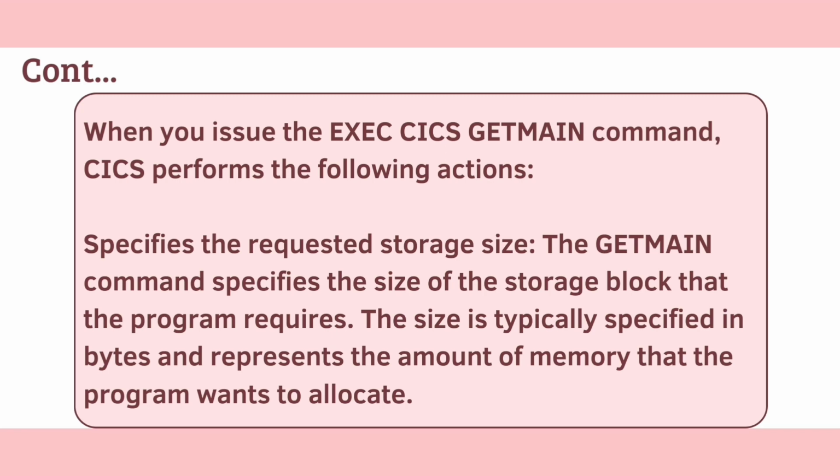When you issue the EXEC CICS GETMAIN command, CICS performs the following actions. Specifies the requested storage size. The GETMAIN command specifies the size of the storage block that the program requires. The size is typically specified in bytes and represents the amount of memory that the program wants to allocate.